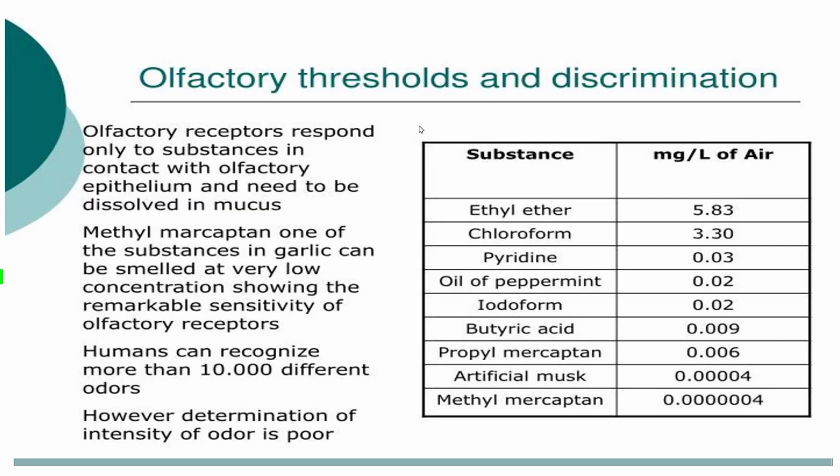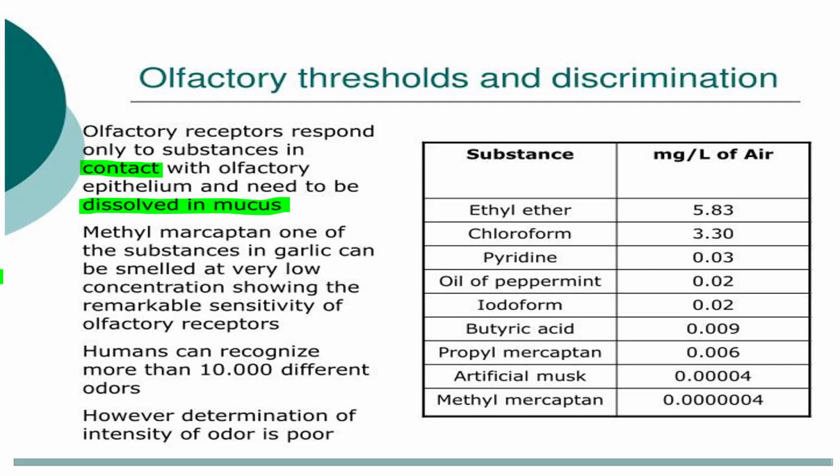Olfactory threshold and discrimination. Olfactory receptors respond only to substances in contact with the olfactory epithelium, and they need to be dissolved in the mucus. Here, contact is necessary and dissolution in the mucus is required. So without contact or dissolution in the mucus, the smell cannot be sensed.